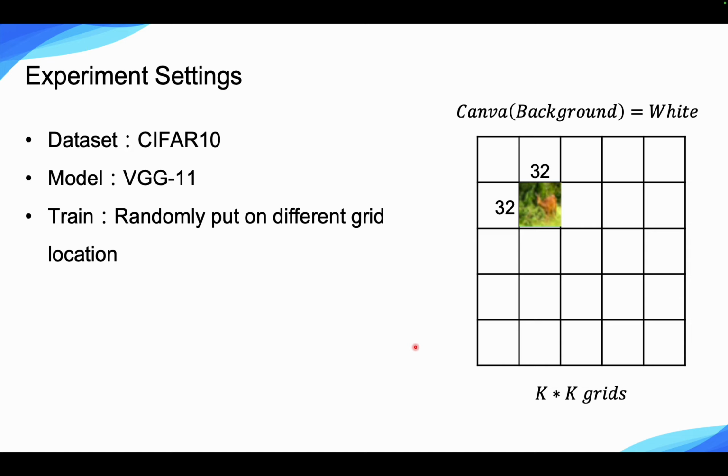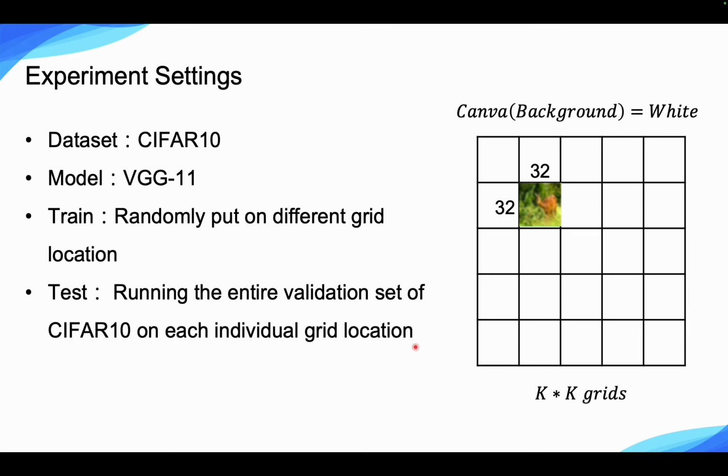During training, they randomly place data in different grid locations. And during testing, they run the entire validation set of CIFAR 10 on each individual grid location. And the task, as I mentioned before, includes classification and segmentation.